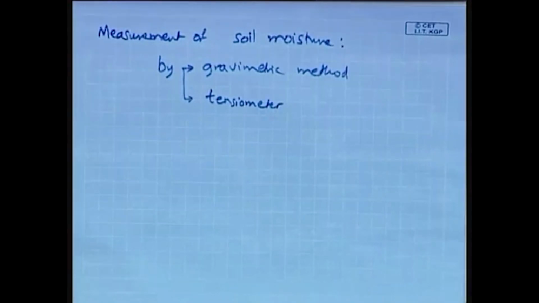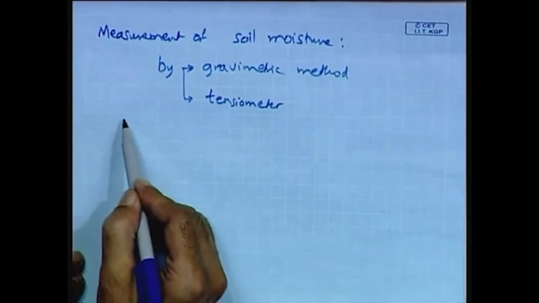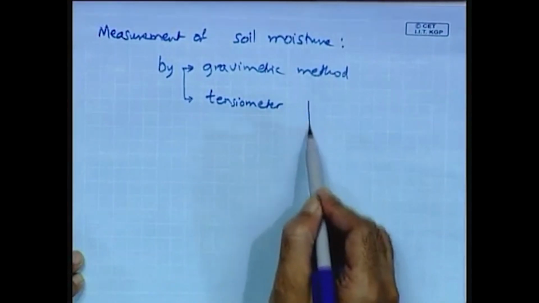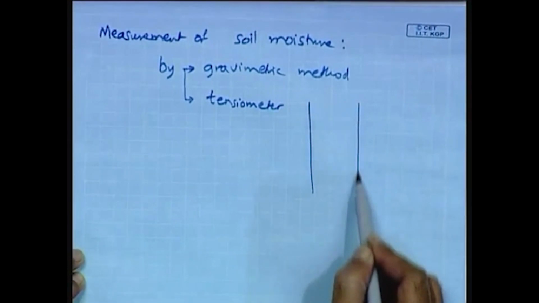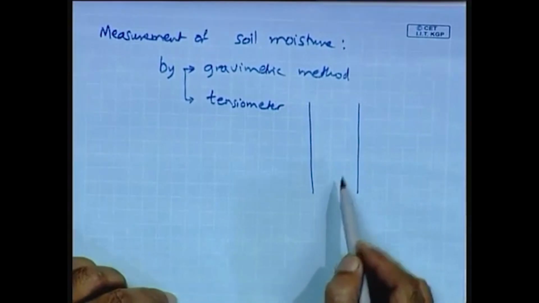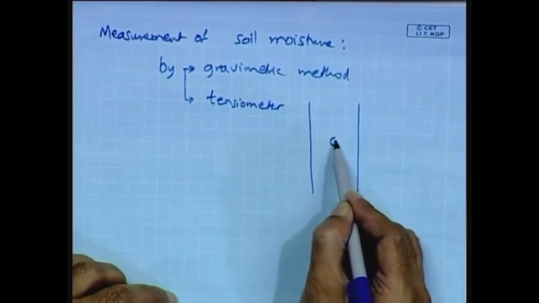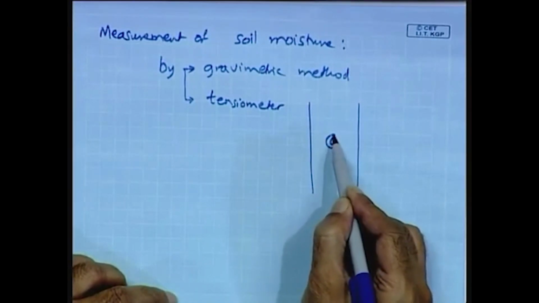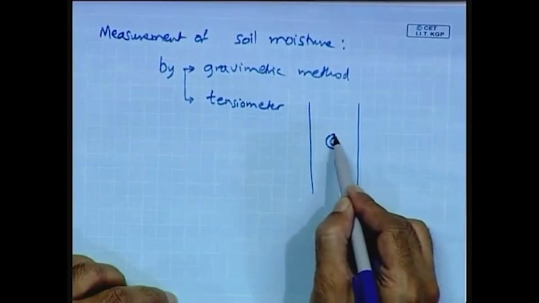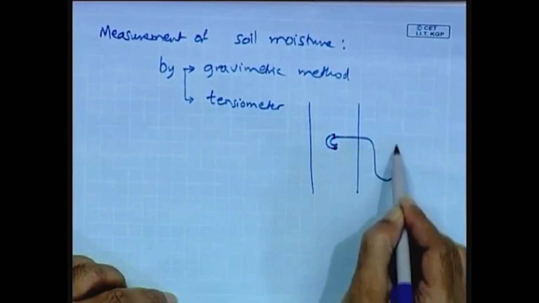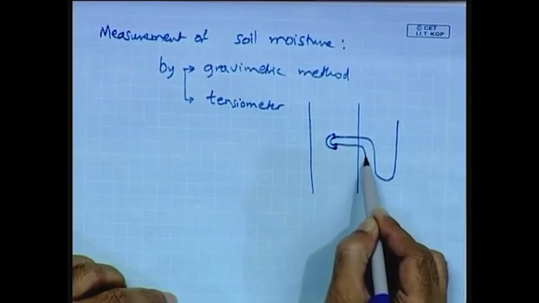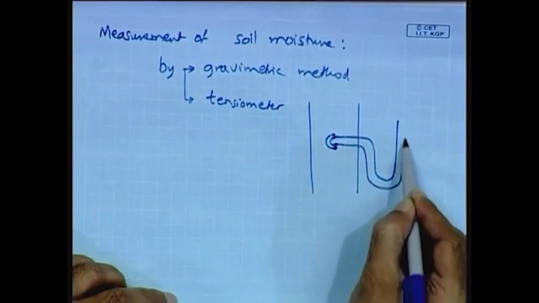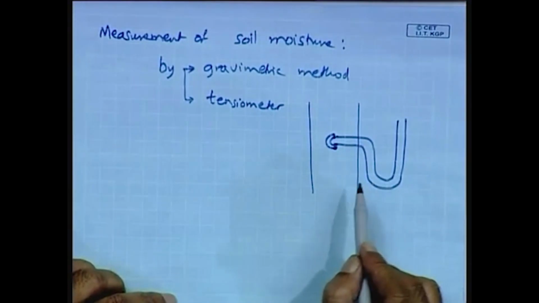So, in this tensiometer, suppose this is the soil column, and here this is the tensiometer.